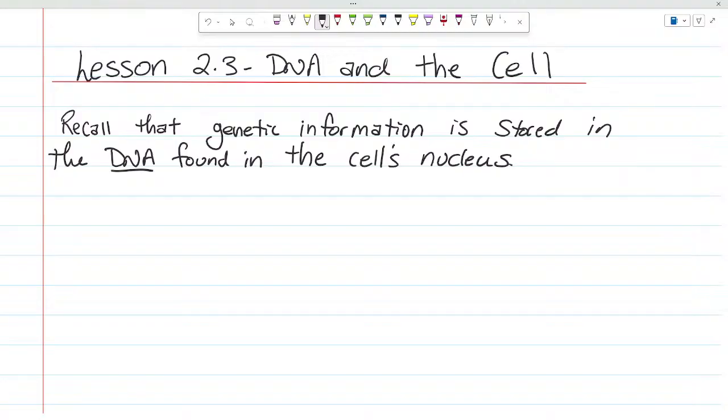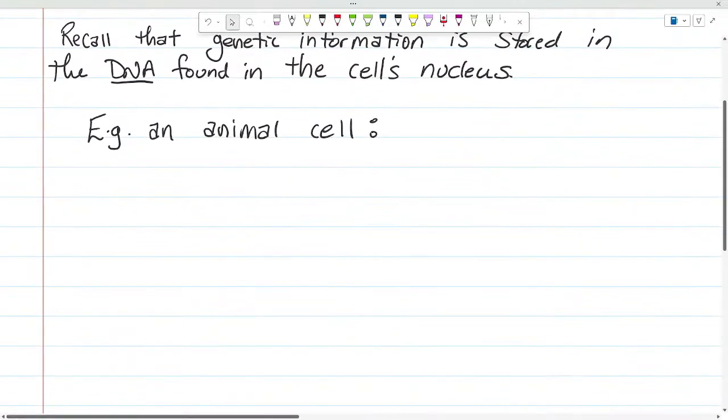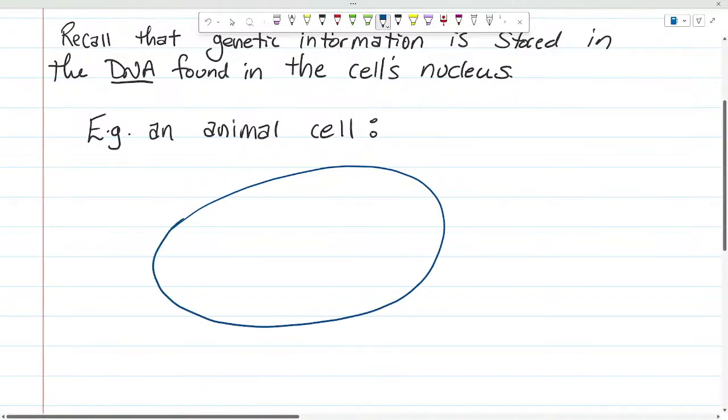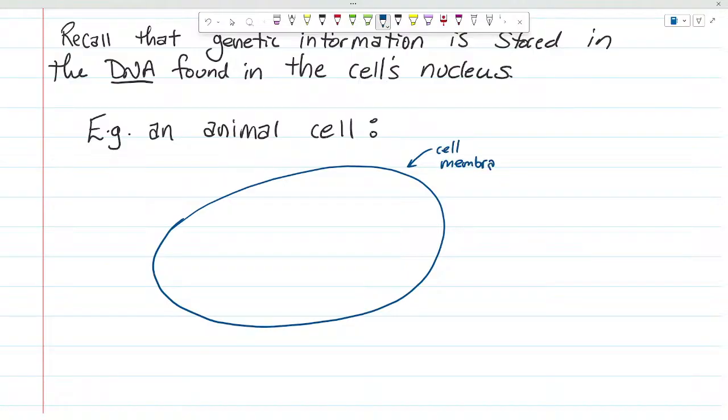So, for example, let's look at an animal cell. And if that is the cell membrane, we'd expect to see all sorts of different organelles in there, but I'm going to focus on the nucleus.